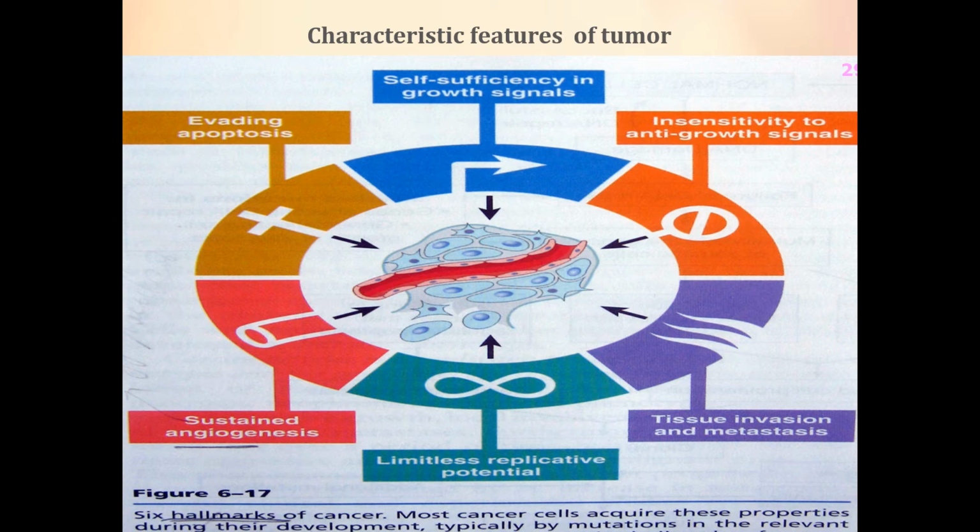The next feature is the evading of apoptosis, which is linked to mutation in these genes, and then invasion and metastasis. At last, angiogenesis. These are the six main features of the tumor cells, and the last two, invasion, metastasis, and angiogenesis, are linked to the additional mutations which occur during the pathogenesis of the tumor mass.